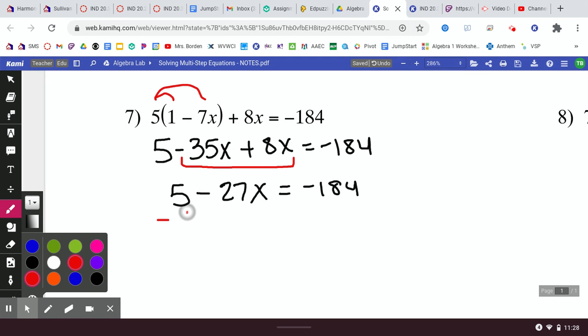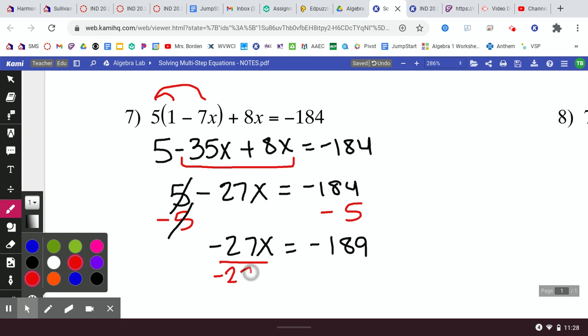Yep, I'm going to subtract 5 because now it's time to move all my numbers over to one side. So I subtract 5 and subtract 5, and I get -27x over here equals, two negatives go deeper negative, so -189. And then Bryce, what's next? Yep, by what? Positive or negative?